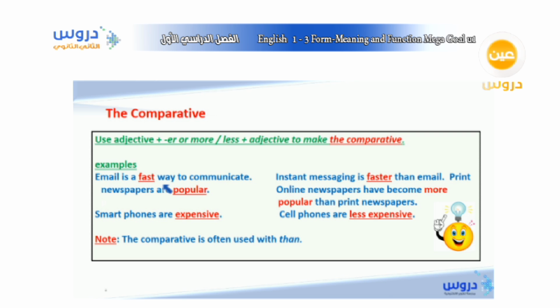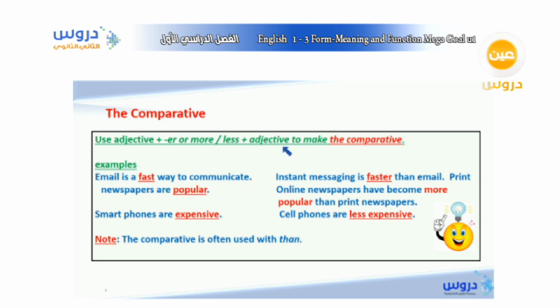Did you notice the words underlined in red color? Fast, faster, popular, more popular, expensive, less expensive. The first example, we used ER. Fast, faster. Long, longer. Short, shorter. And the second example, we used more. Popular, more popular than.